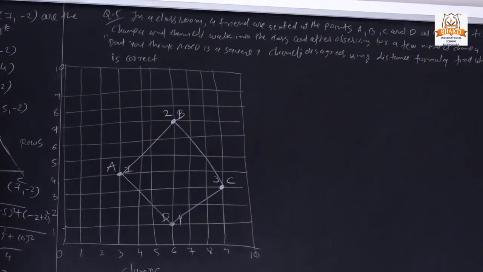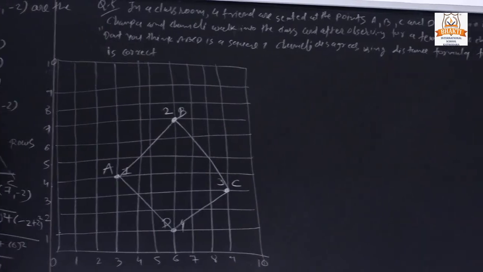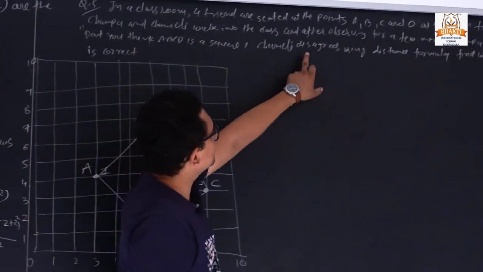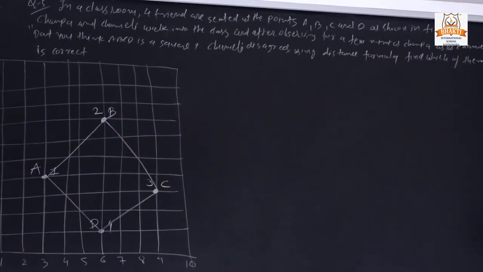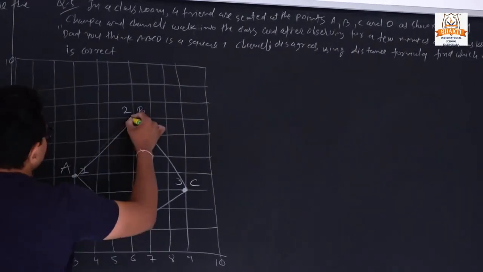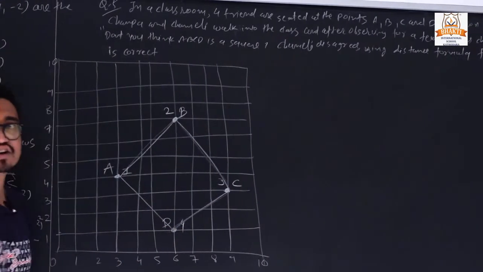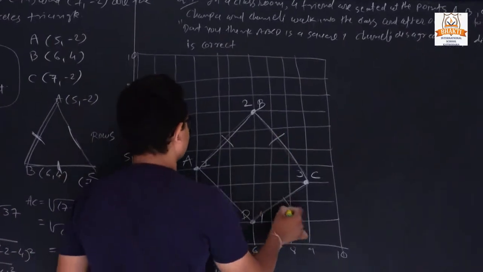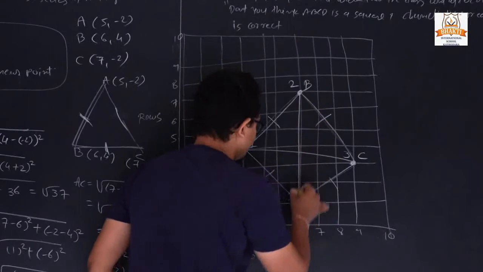So we can check by using our distance formula. So don't you think ABCD is a square? So Chameli disagrees using the distance formula. So find which of them is correct, Champa or Chameli. So first of all we can find AB, BC, AC, CD and AD, because you know the property of square: all sides are same and diagonals are also same.